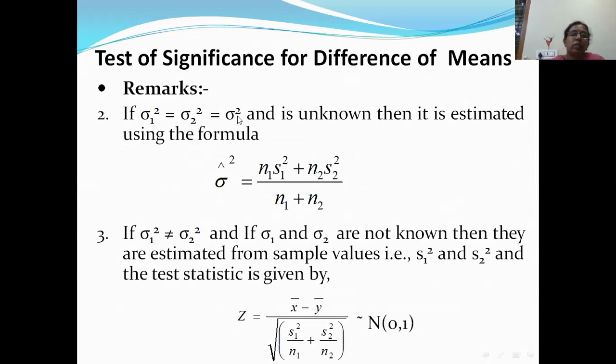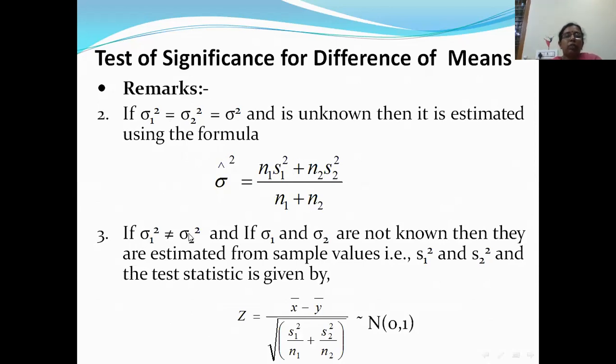And suppose sigma 1 square equal to sigma 2 square equal to sigma square, that means the population variances are equal and it is unknown. We don't know that population variance value. It is not given in the problem. Then we can estimate this using the sample variance formula. That is, sigma square cap equal to n1 s1 square plus n2 s2 square by n1 plus n2.